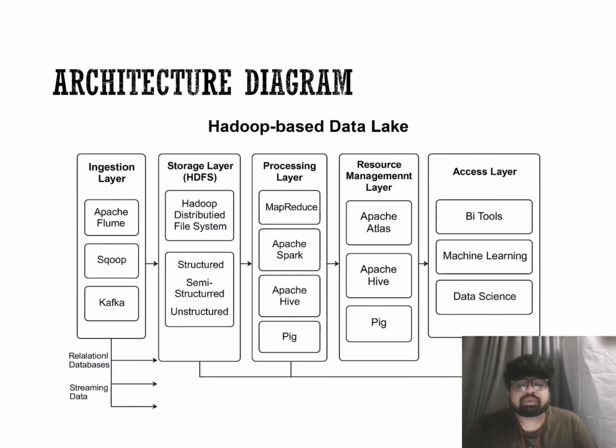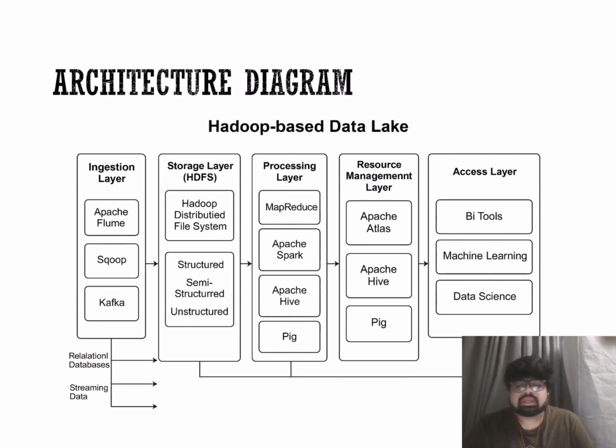Here is a visual representation of the layered architecture we just discussed. On the left, data flows in from multiple sources. The data is ingested into HDFS via ingestion tools, processed using Spark and Hive, and then queried or analyzed by various users through the access layer.